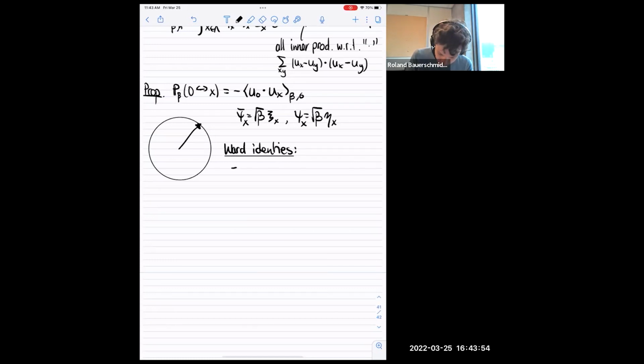They mean, for example, that the inner product of U0 with UX, say Z0 ZX, which is the longitudinal one, is the same as the transversal one, like this.